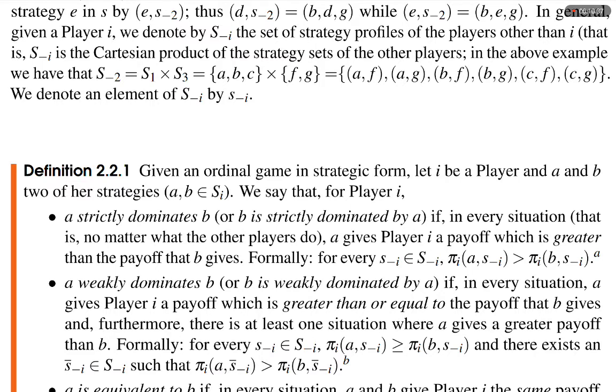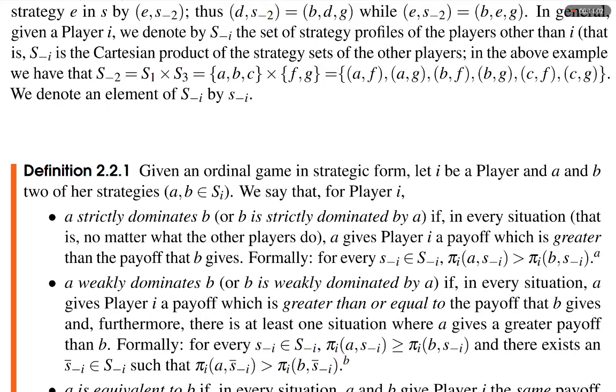In general, given a player I, we denote by capital S sub negative I the set of strategy profiles of the players other than I. That is, capital S sub negative I is the Cartesian product of the strategy sets of the other players.